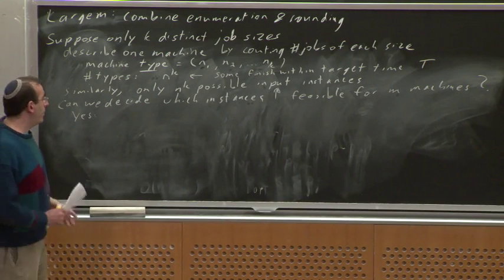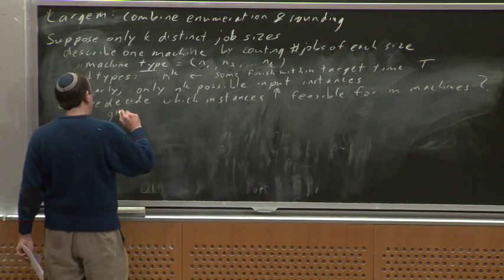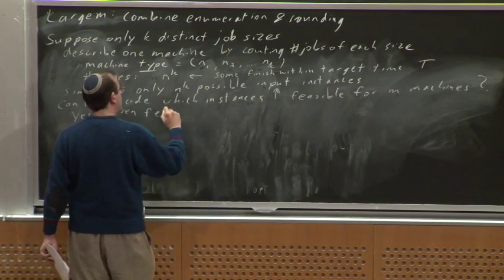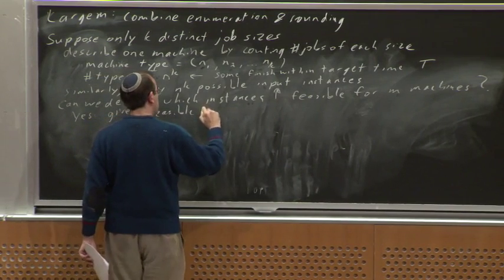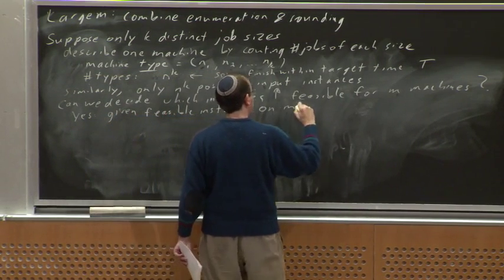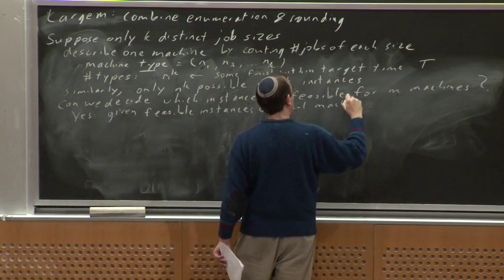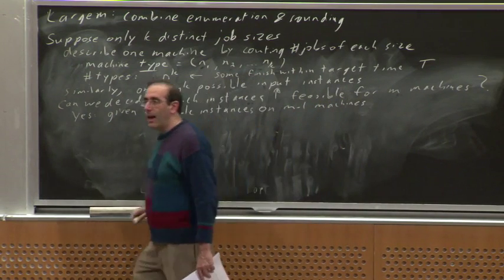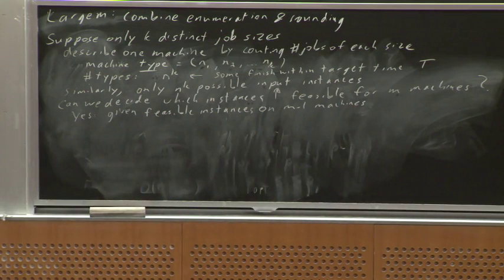Namely, if I'm given the feasible instances on m-1 machines, how do I decide what are the feasible instances on m machines?